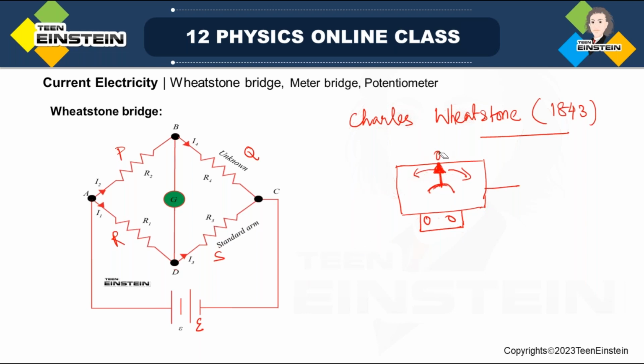So this is the purpose of the galvanometer here. Now, this Wheatstone bridge has something called balanced condition. So we can use this Wheatstone bridge at balanced condition.